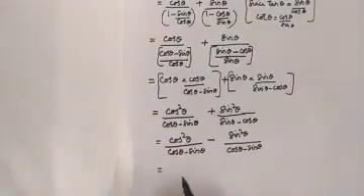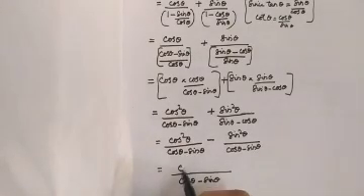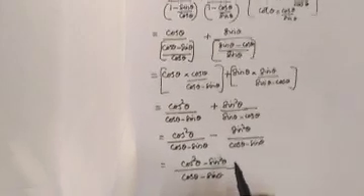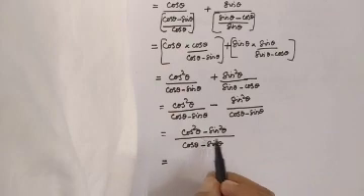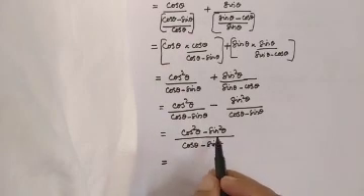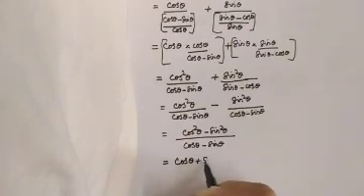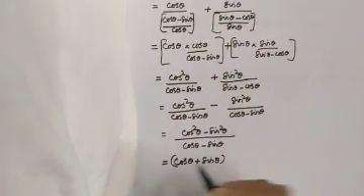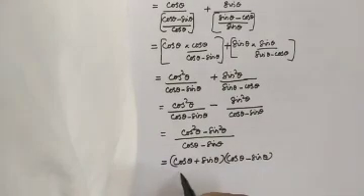So this is equal to common denominator cos theta minus sin theta, and the numerator is cos squared theta minus sin squared theta. Now this is of the form a square minus b square. So it is a plus b into a minus b. So it is cos theta plus sin theta into cos theta minus sin theta.